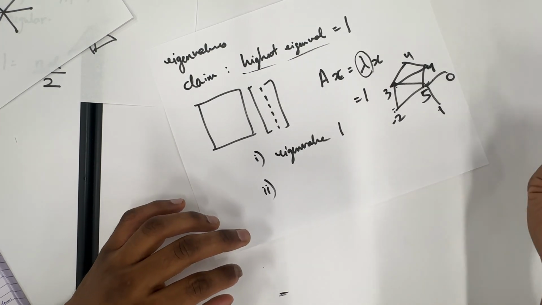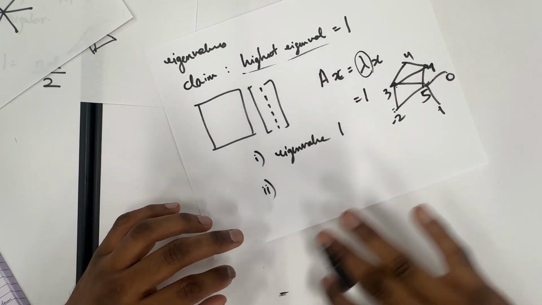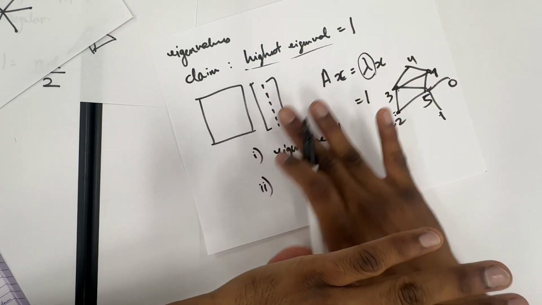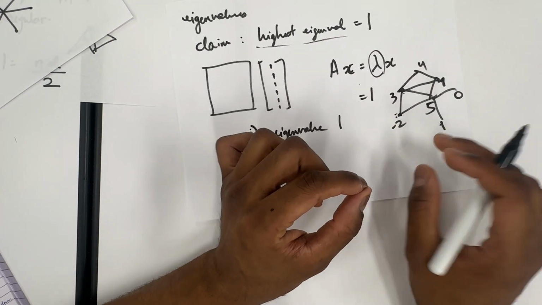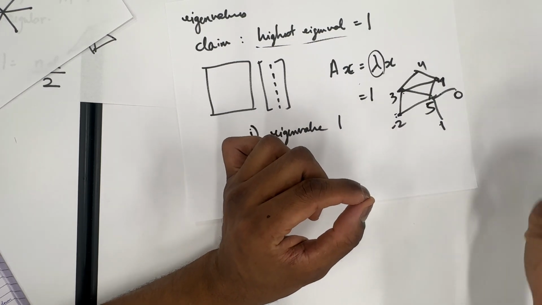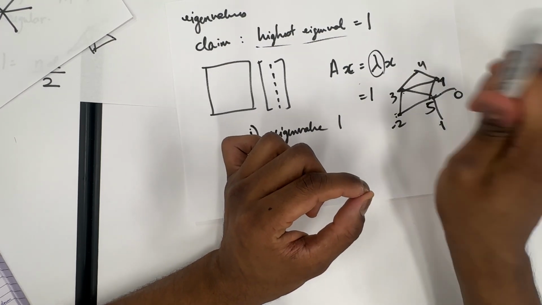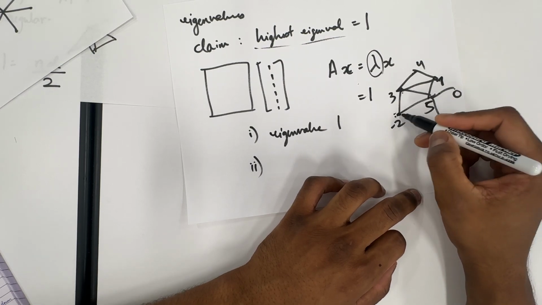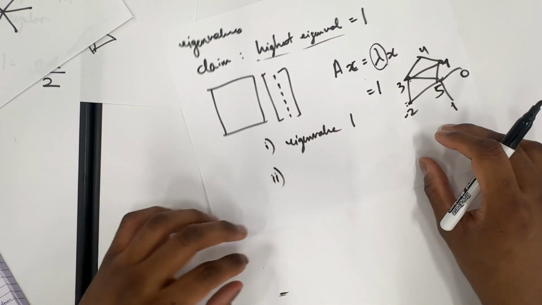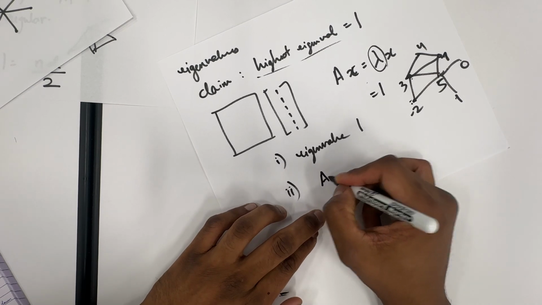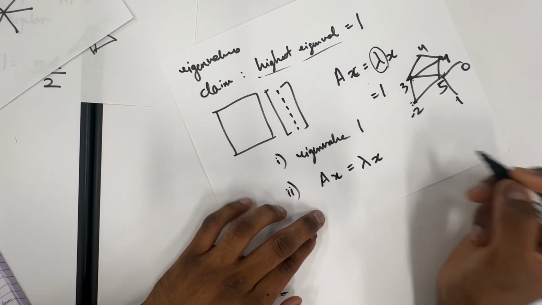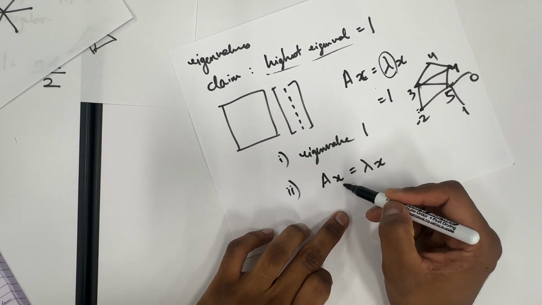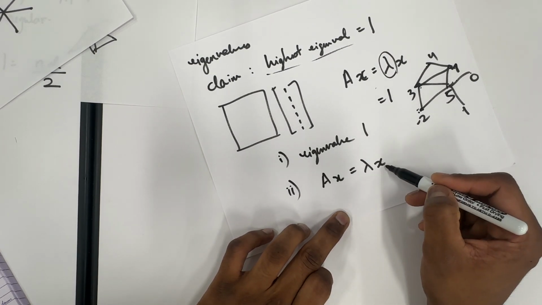Similarly, if you look at the vertex which is the lowest, in this case -2, the absolute minimum, it can only go up when I take the average of all of its neighbors around it. So here it will be 3 plus 5, 8, divided by 2, 4. So it can only go up. So when I look at Ax equals lambda x, some x here will be the highest x, right? And this x has to be the same here.